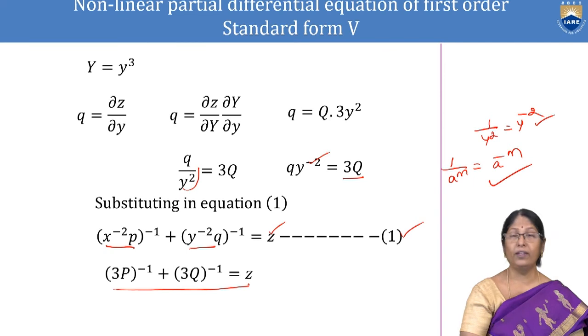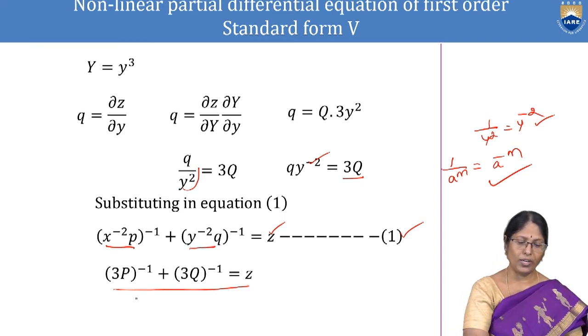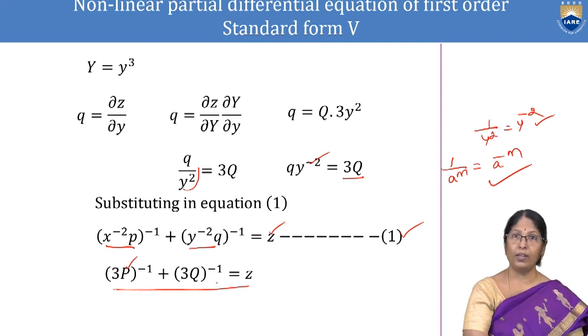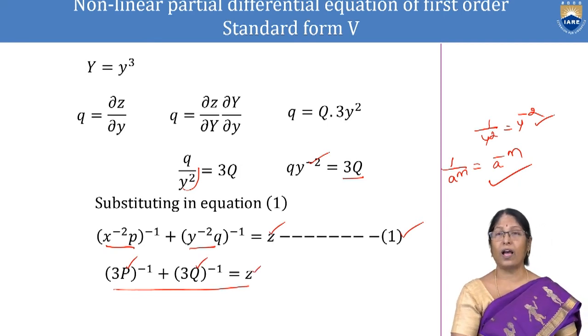So after doing all these steps, from standard form 5 we got this. Now if we notice this equation, the current equation has capital P, capital Q and Z, and there are no x and y terms.